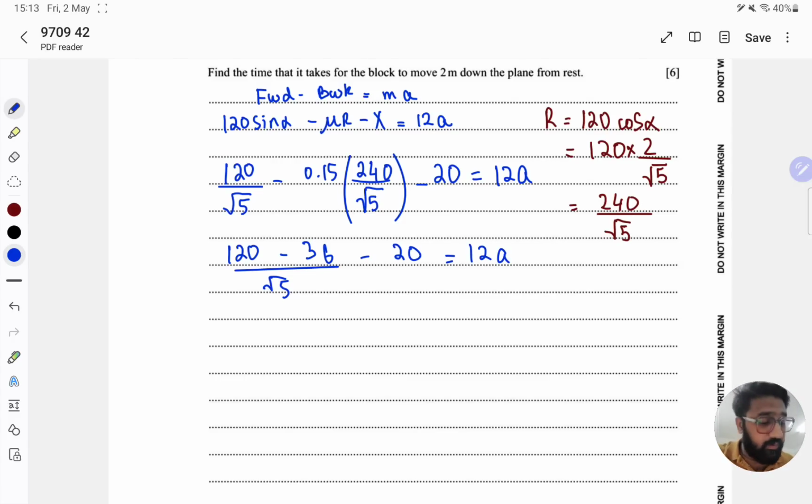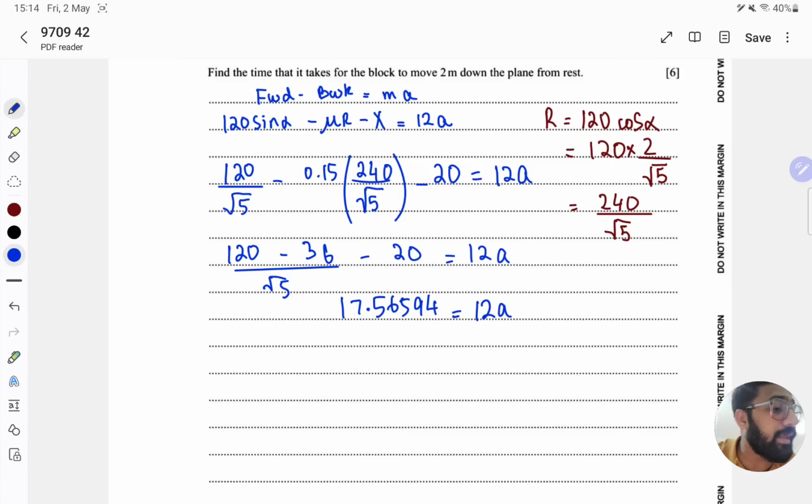Let's simplify. 120 minus 36 is 84. 84 divided by square root of 5 minus 20. The value is 17.56594, which is equal to 12a.